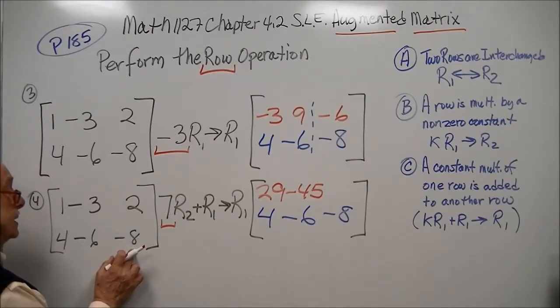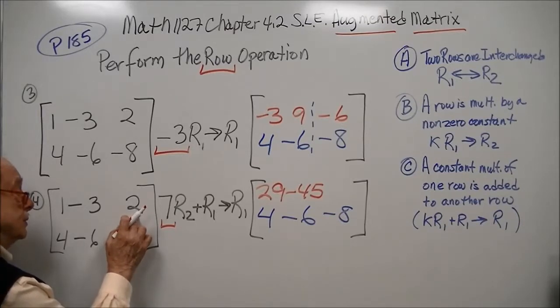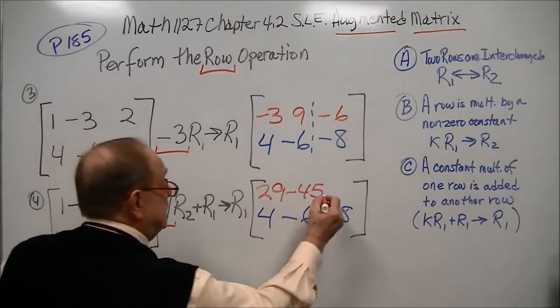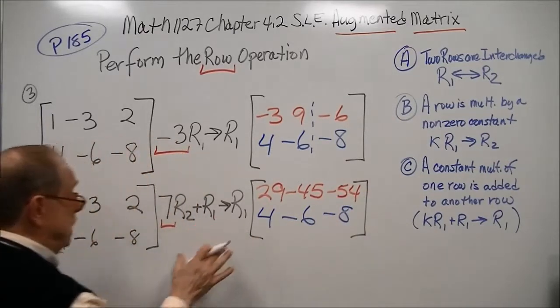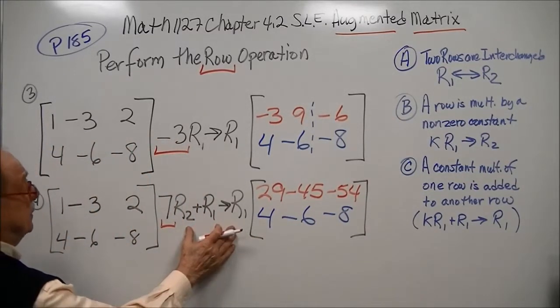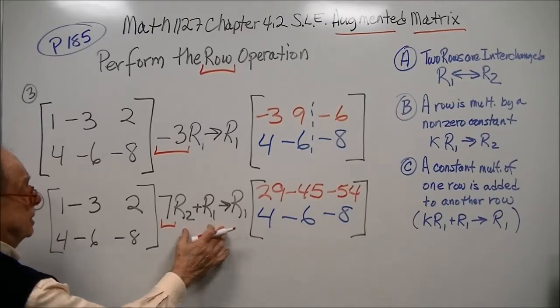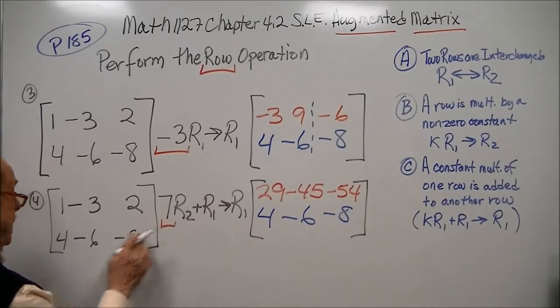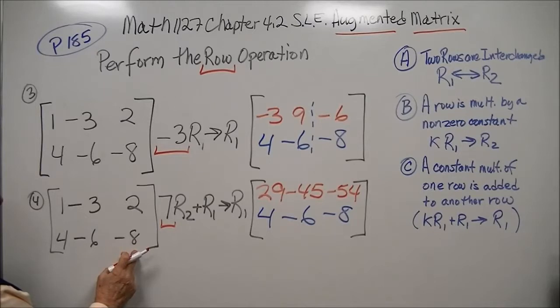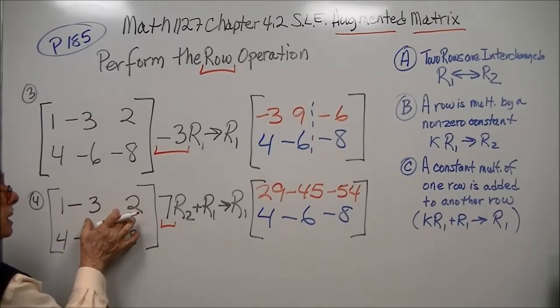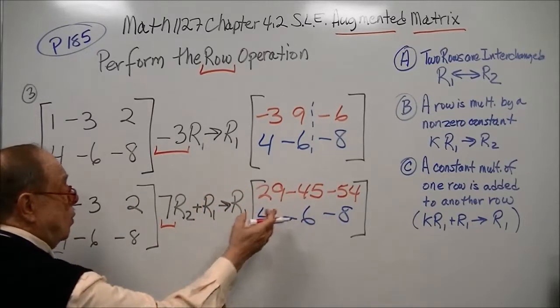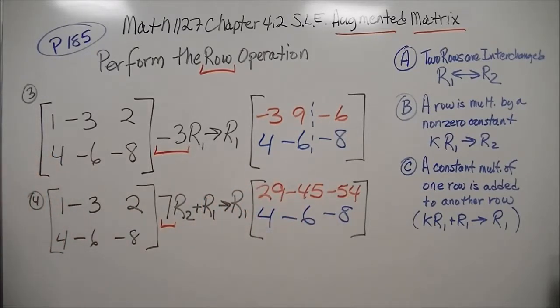A -56 plus 2 is a -54. And we have successfully then carried out this row operation. Multiplying a constant by each term in row 2, adding it to its corresponding value in row 1, and then replacing row 1 with our results.